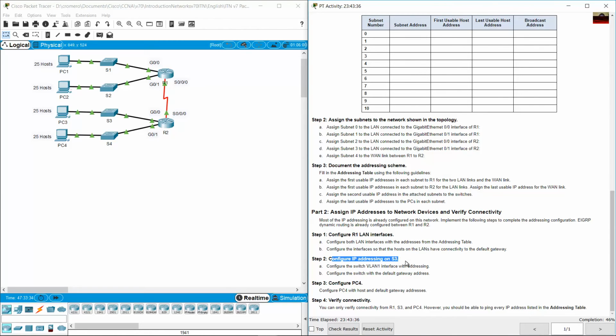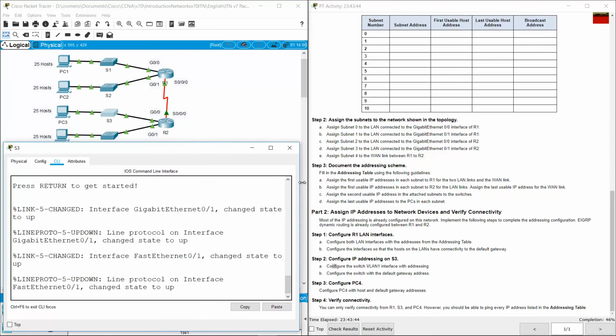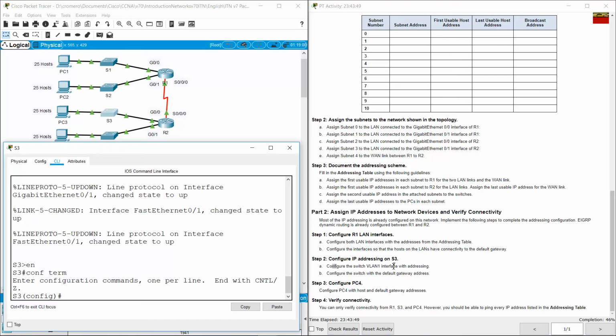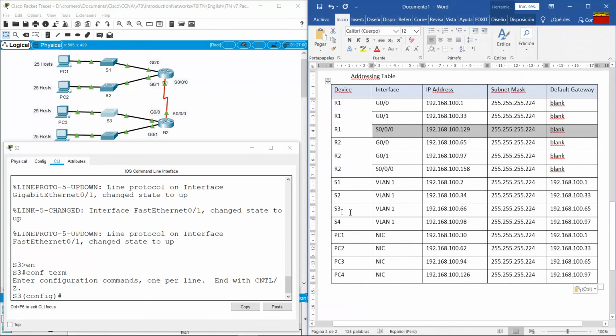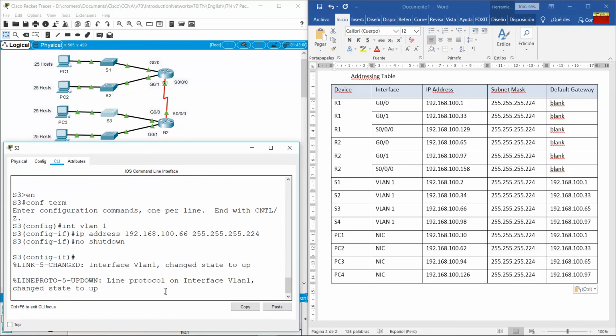Configure IP addressing on S3. Okay, go to S3, command line interface, enter enable, configure terminal. VLAN 1 interface with addressing. Okay, go to the addressing table, configure this: interface VLAN 1, IP address 192.168.100.66, netmask 224, no shutdown.